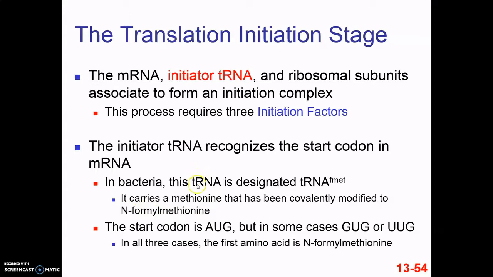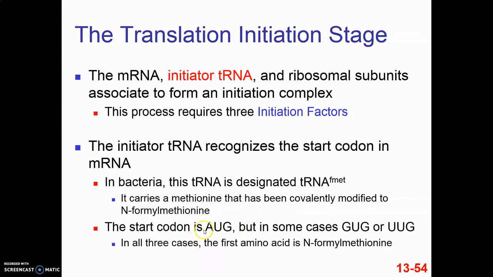So there are transfer RNAs out there in bacteria that start off getting methionine added, and then some of those have been modified to this formyl methionine. And in bacteria, this formylated version of it is required for the initiation of translation.